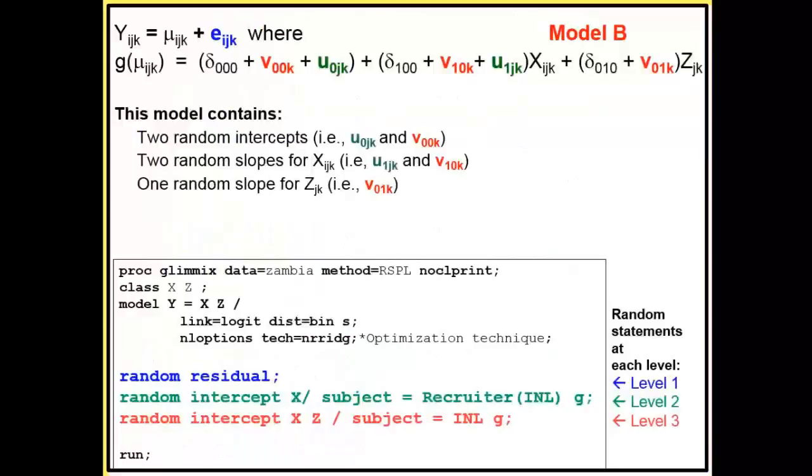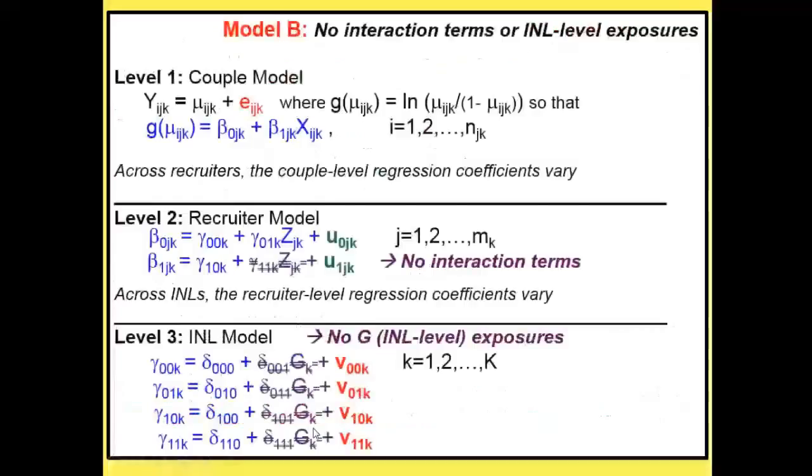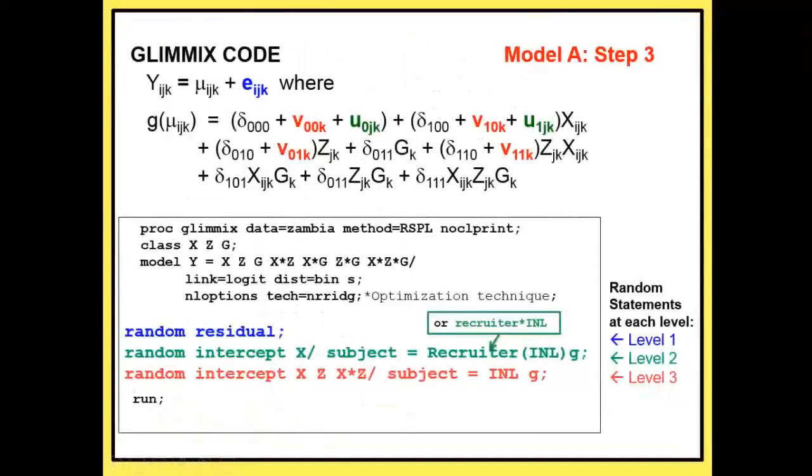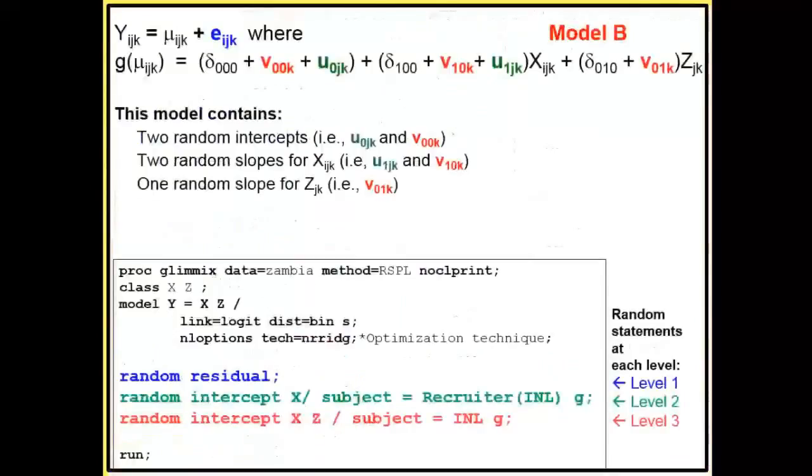Okay, so I've got model B now. And if you're running model B, the code changes. It's now random intercept X for a recruiter within INL and random intercept XZ. This is XZ, X times Z, subject equal INL. This is the code originally, and now the code changes.